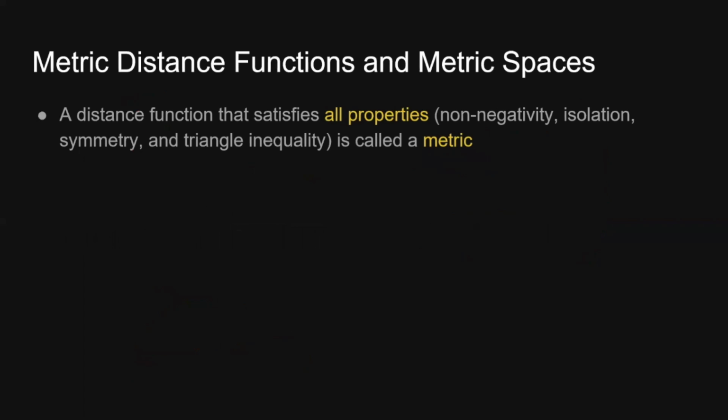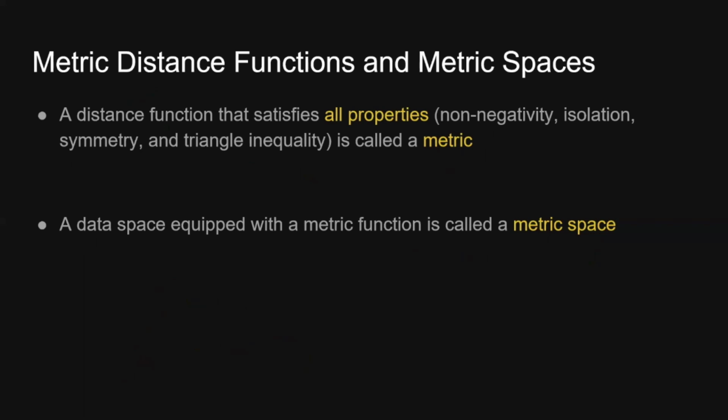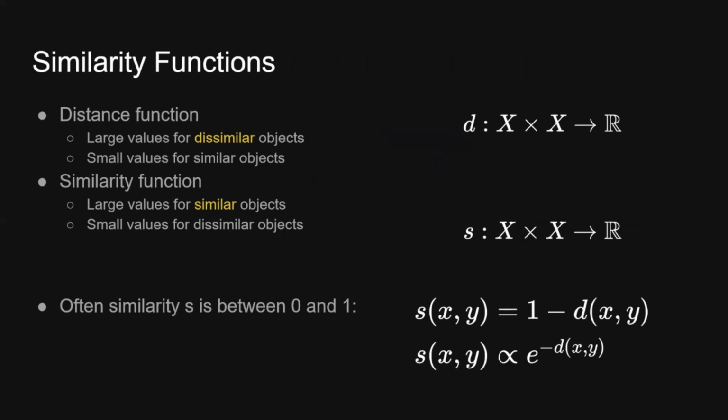Based on that, there can be a lot of different distance functions. And given a distance function, you can have a data space, which is called a metric space. A metric space means the mathematical space, the feature space, is equipped with some distance function. That's a technical setting to define a mathematical space for a data distribution.